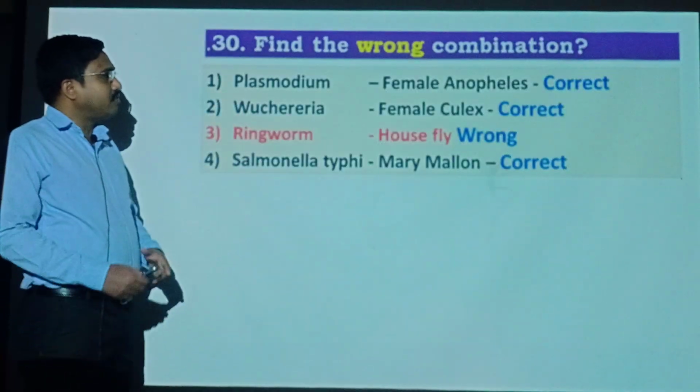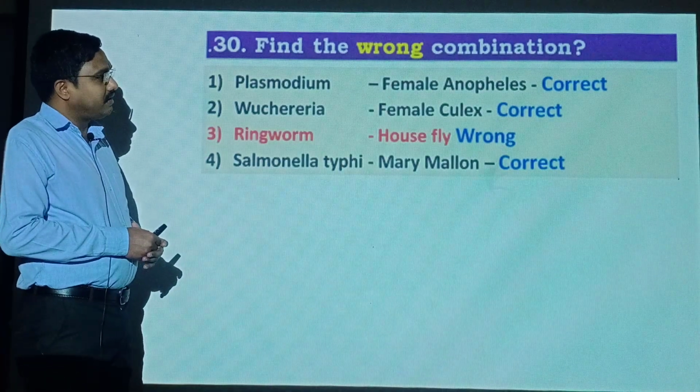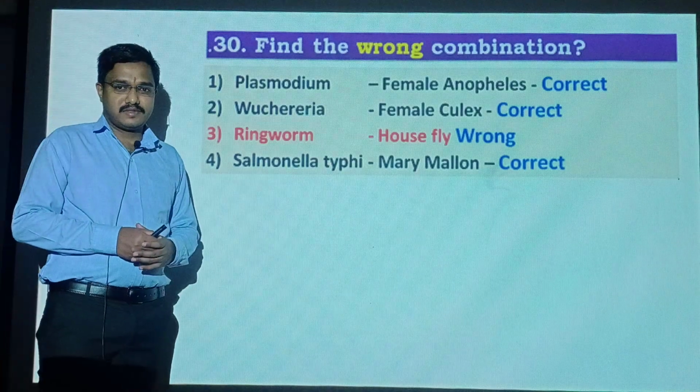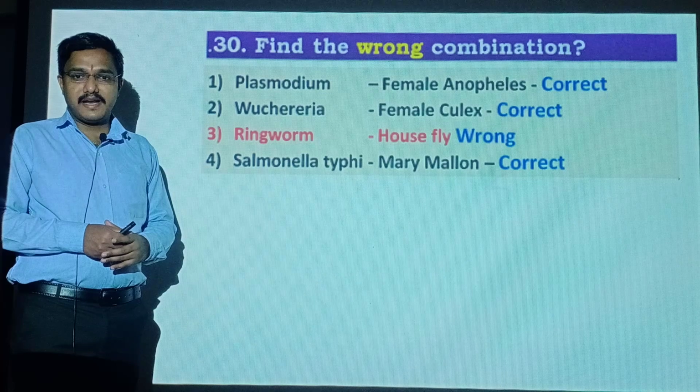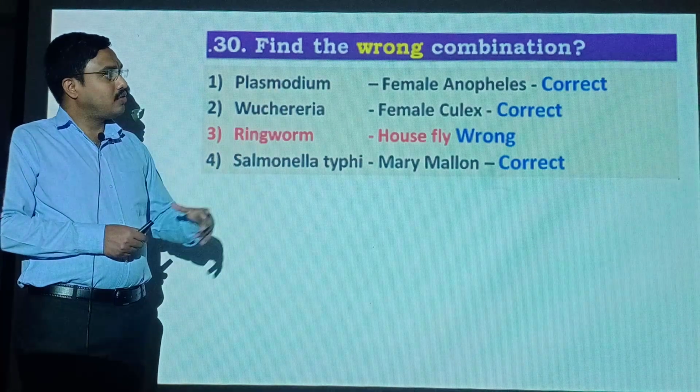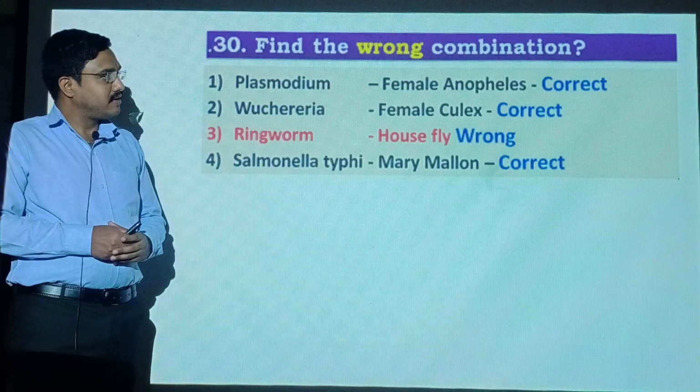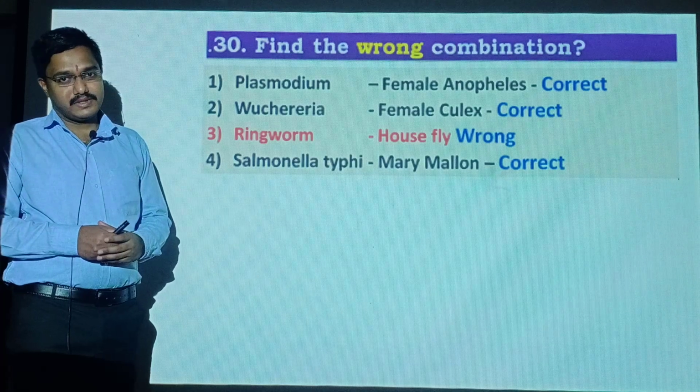Option 1, Plasmodium and female Anopheles. This is the correct, because Plasmodium causes malaria. So vector of the malaria is female Anopheles.